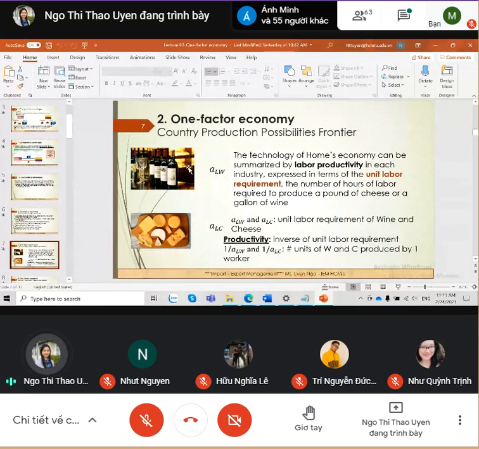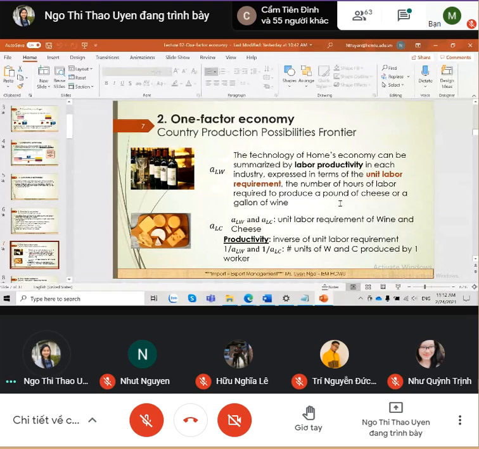We have two goods, as we assumed at the beginning, wine and cheese. And with each good, we have the unit labor requirement. This term is the unit labor requirement of wine, and this is the unit labor requirement of cheese.